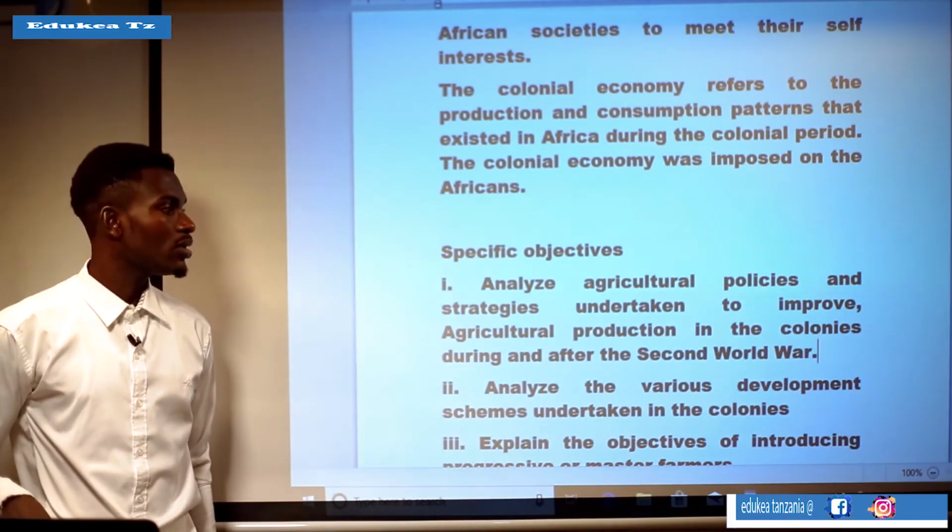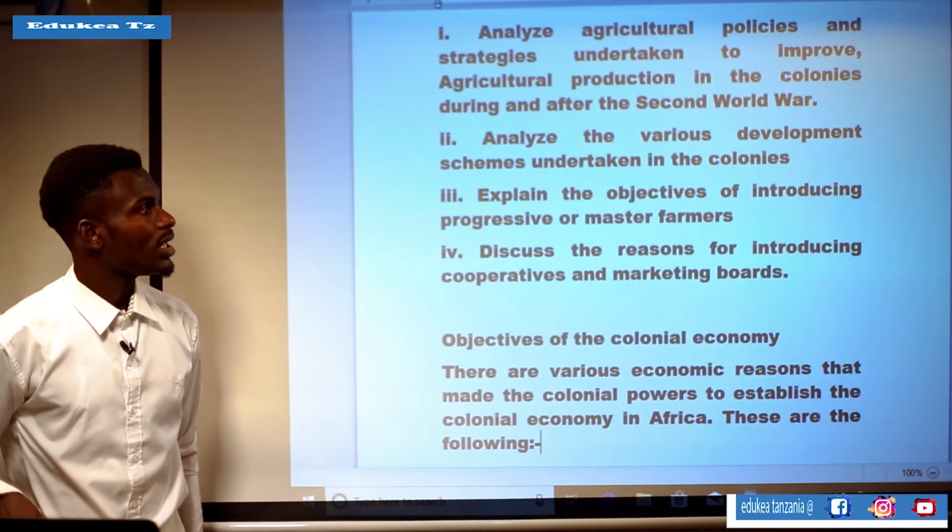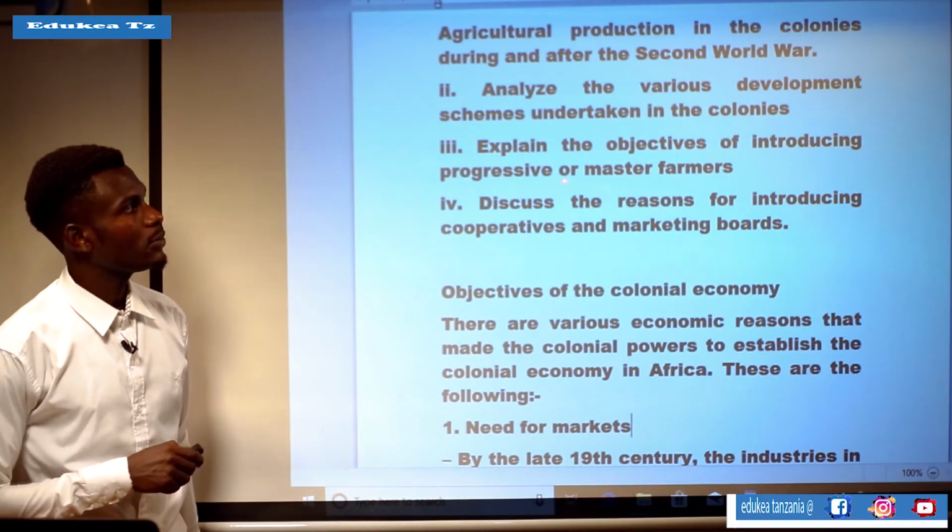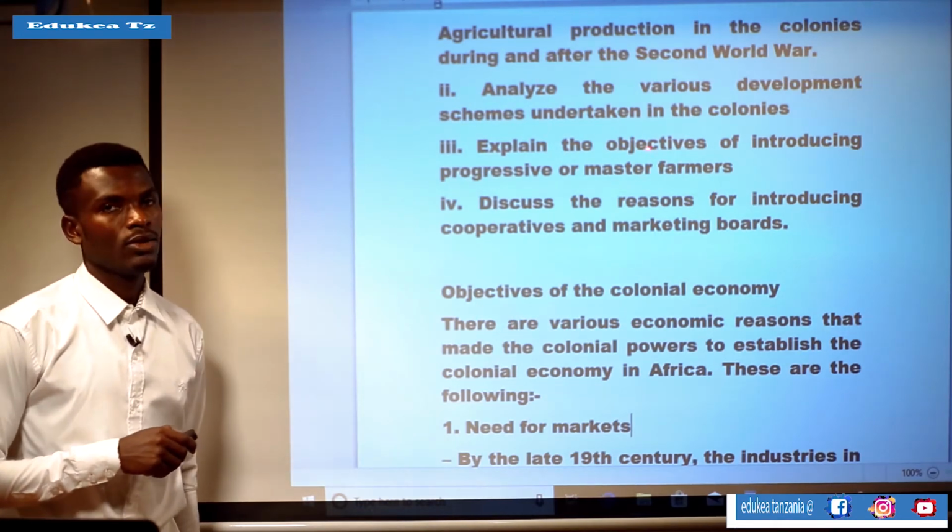And the second one was to analyze the various development schemes undertaken in the colonies.